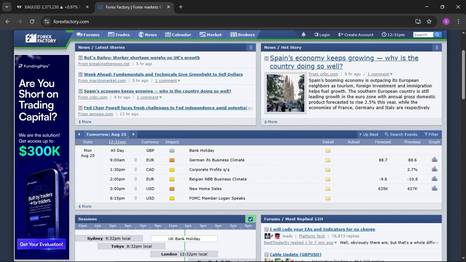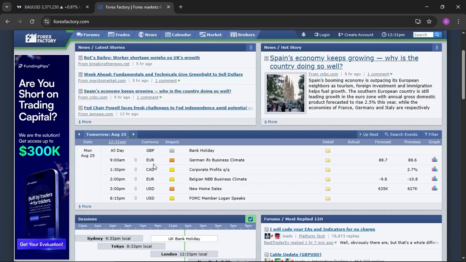If you want to know what this German Ifo business climate is, you just click on this folder and open it for more details. Then we have the actual data, the data that is going to come out to determine the movement of the market. Then we have the forecast, what we are expecting to come out, and we have the previous data, what happened the last time they released news on this German Ifo business climate.